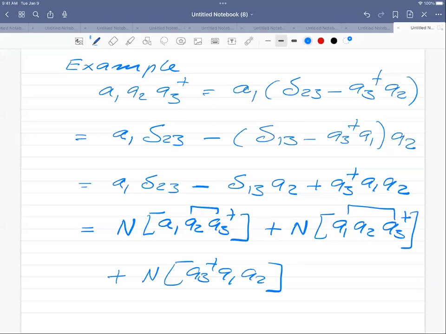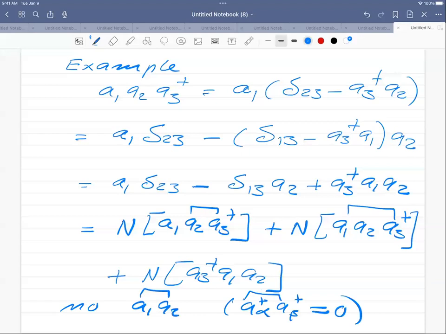Now, pay attention to one thing here. In this specific case, when we use this rule, there are no A1, A2 contractions. They are automatically zero. In the same way, we would have, let's say, an alpha and beta with a creation. This is also automatically zero. Okay?